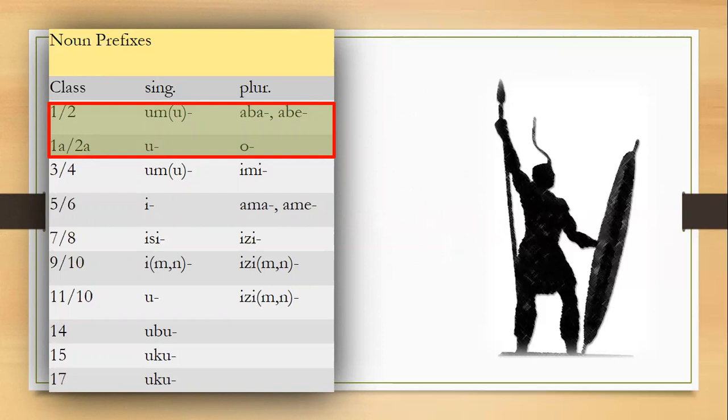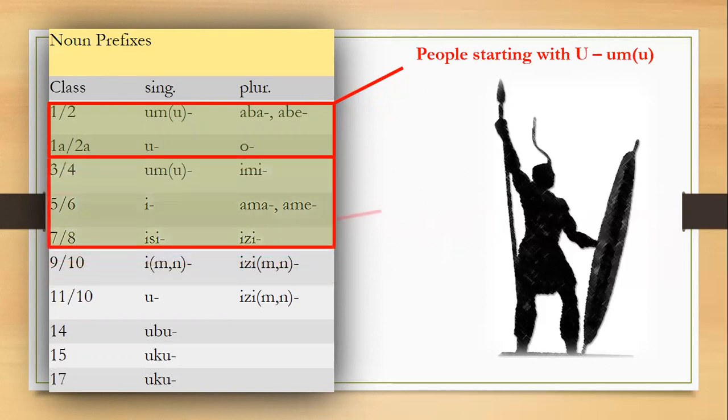And then we have got the second cluster, like I said, guys. Now the second one refers to objects. So don't confuse noun class 1 and 2 with noun class 3 and 4.